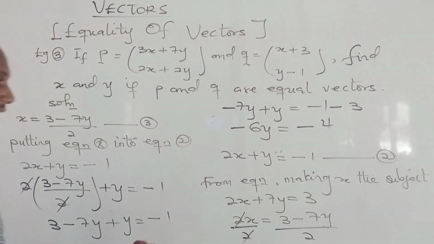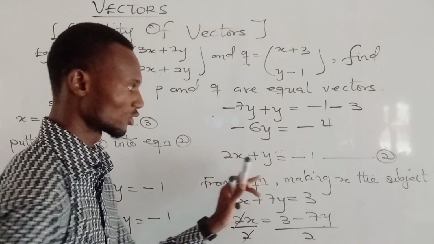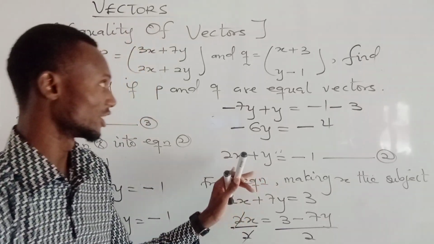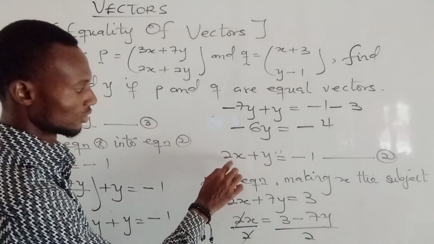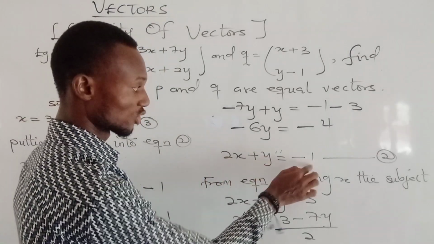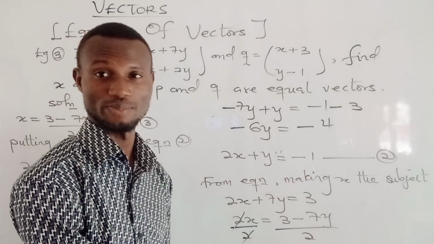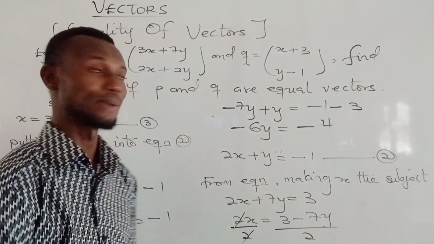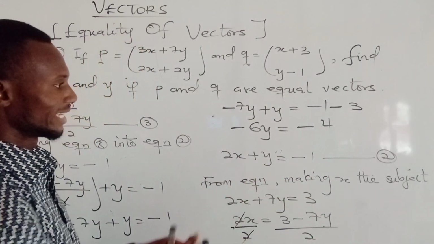Okay, so now I need more space again. Okay, so let me clean a portion of the board so that we can continue. Okay, so now take note of the equation 2. The equation 2 is given to be 2x plus y equals to negative 1. I need more space, that's why I have to clean it. So let me write it somewhere so that we can easily remember.